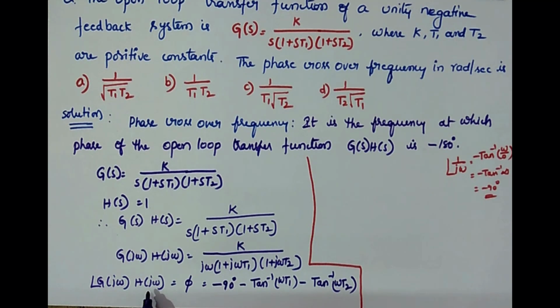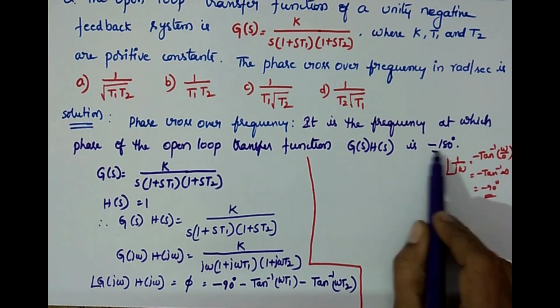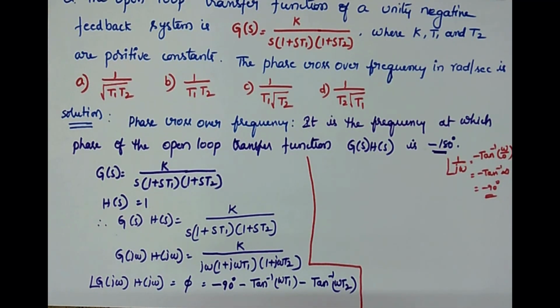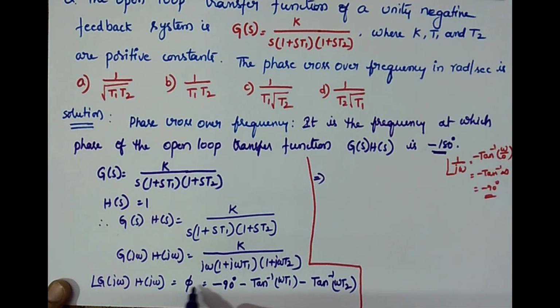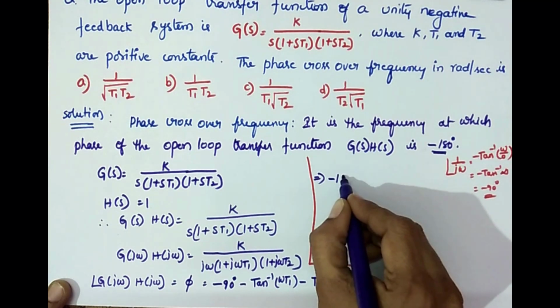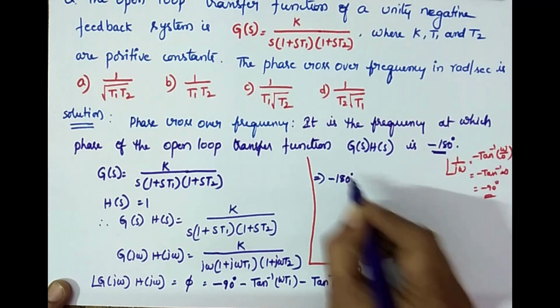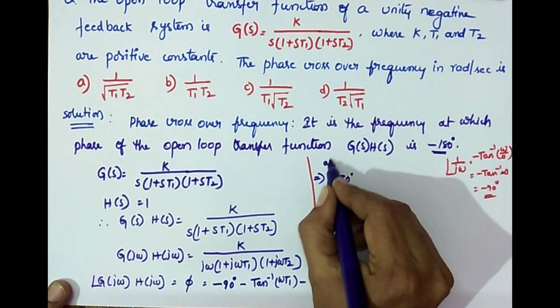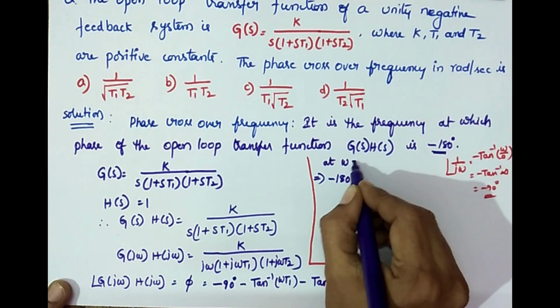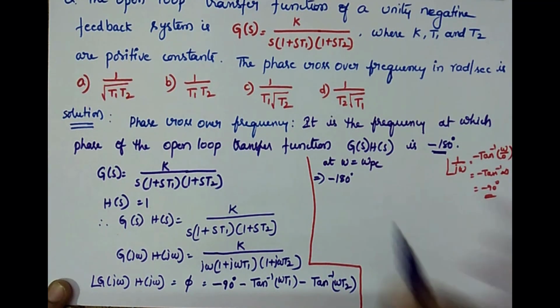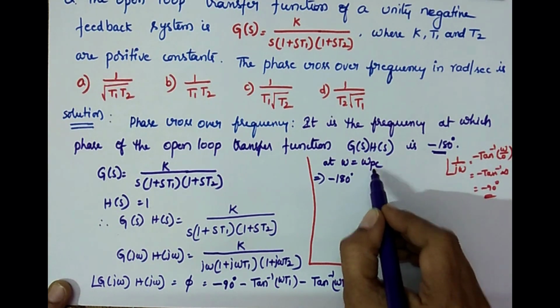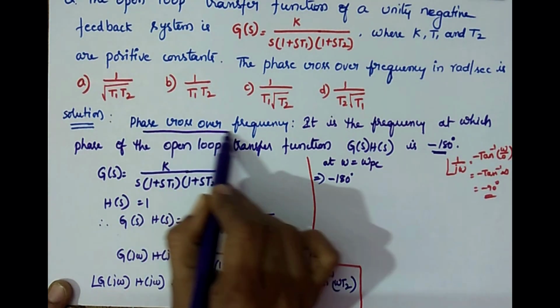After getting the angle of G(jω)H(jω), meaning the phase angle of the open loop transfer function, to find the phase crossover frequency you have to equate it to minus 180 degrees. So phi is minus 180 at ω equal to ω_pc. What is ω_pc? It is your phase crossover frequency.